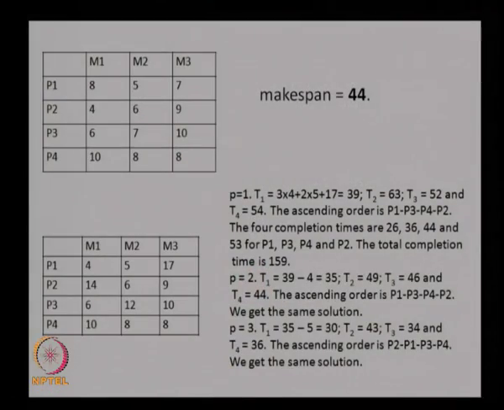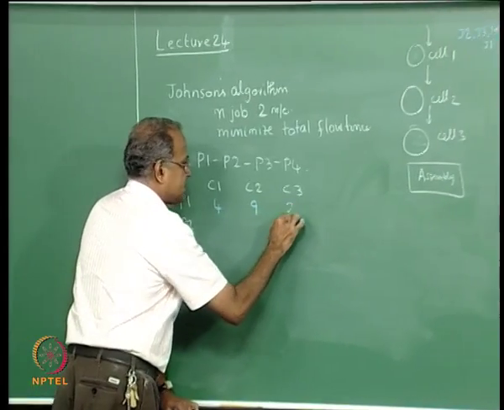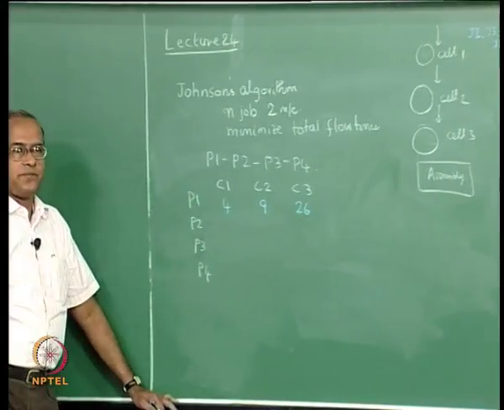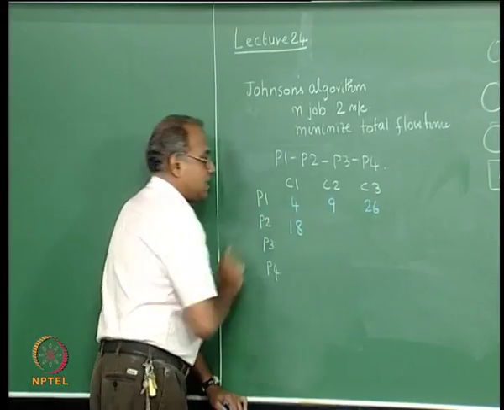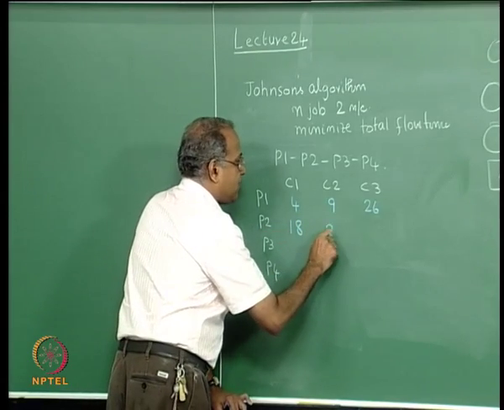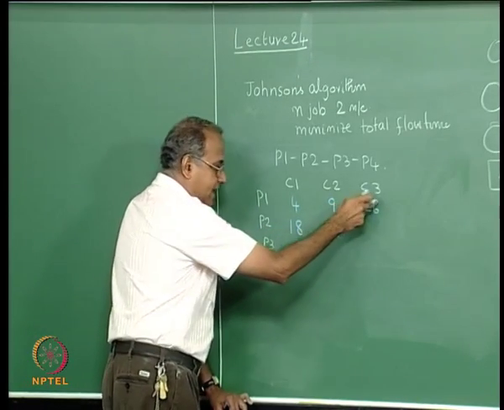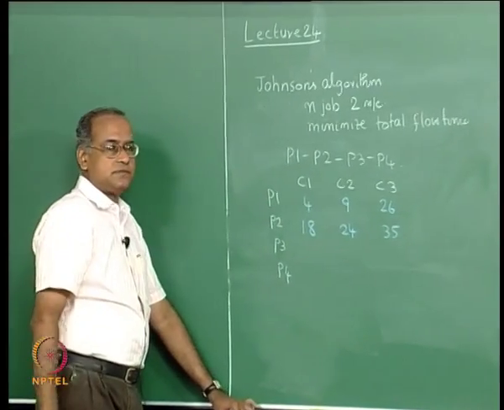So, P1 will finish at 4, 4 plus 5 9, 9 plus 17 26. P2 will enter at 4, finish at 18. Now, 18 plus 6 24, but can take it again at 26 plus 9 35.